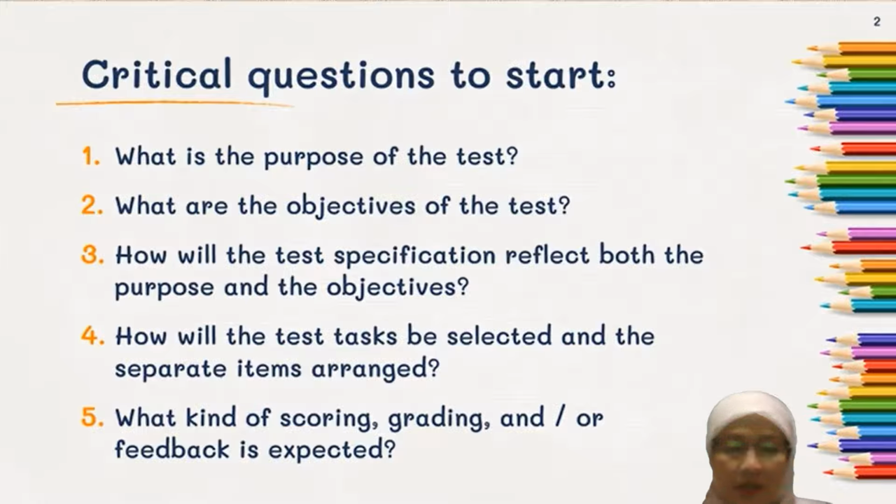So you have to consider that the structure logically follows the unit or the lesson that the students have been learning. And then you will also have to consider the types, the weight, and also the variety of tasks. Number 4 is how will the test tasks be selected and the separate items arranged.